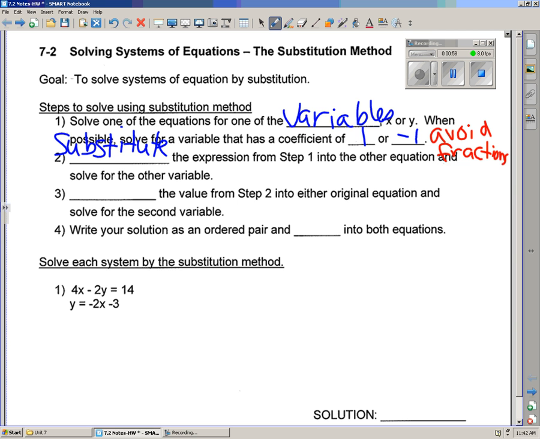Once you've solved for one of the variables, you substitute that value into either original equation and solve for the missing variable. Your solution is always written as an ordered pair. Don't forget parentheses, x comma y, and then you can always check your solution in both equations. The check should always be true for both equations as well.